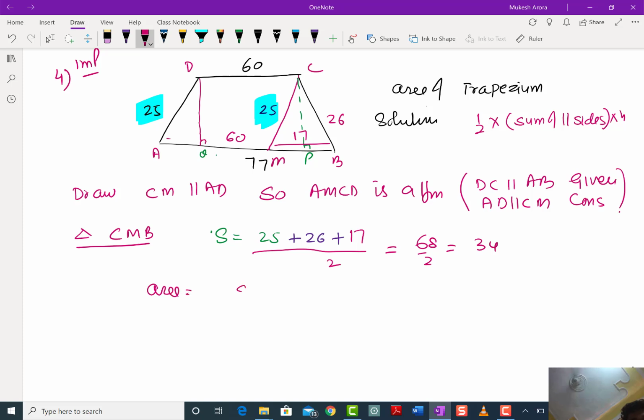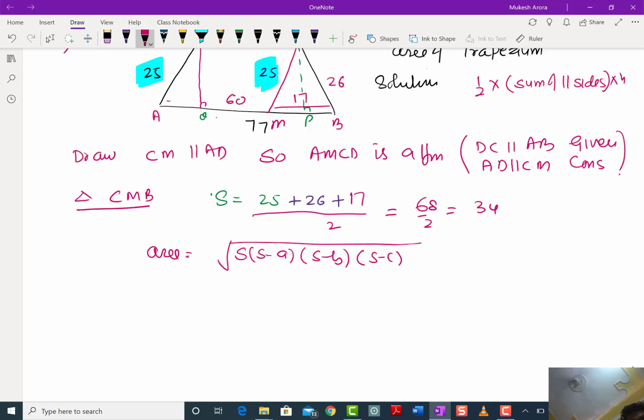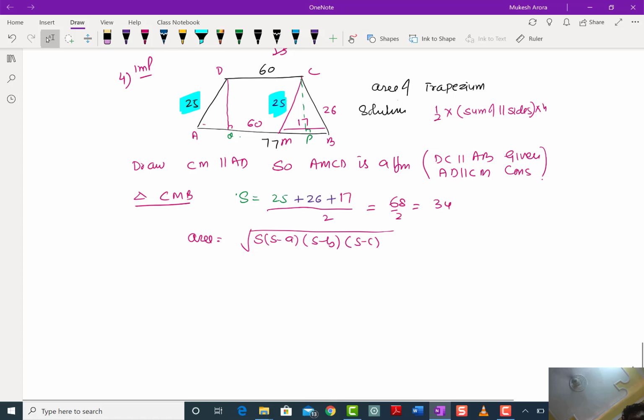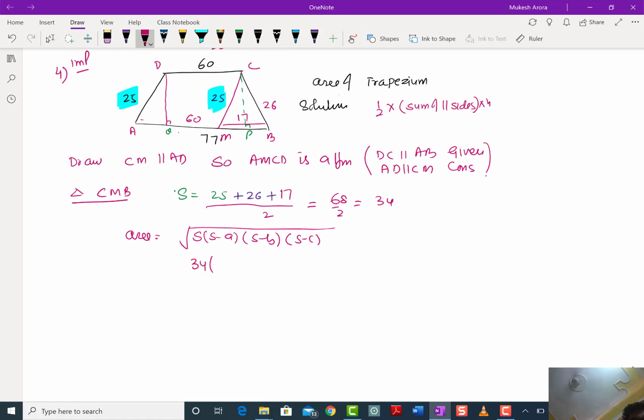Area will be equal to root of S into S minus A, S minus B, S minus C. So 34 into 34 minus 25, 34 minus 26, 34 minus 70.